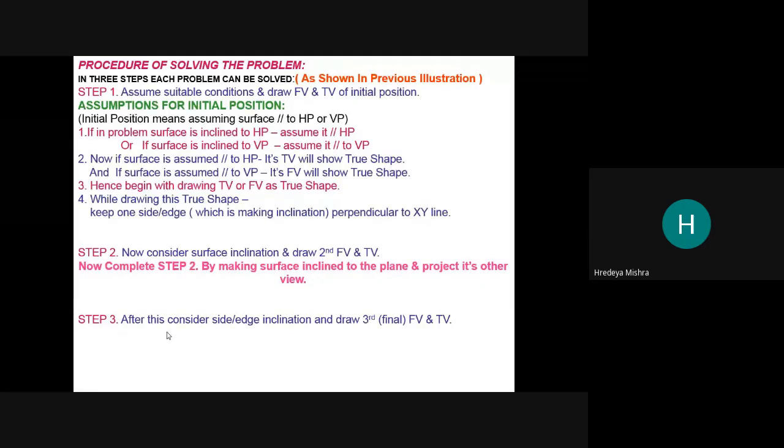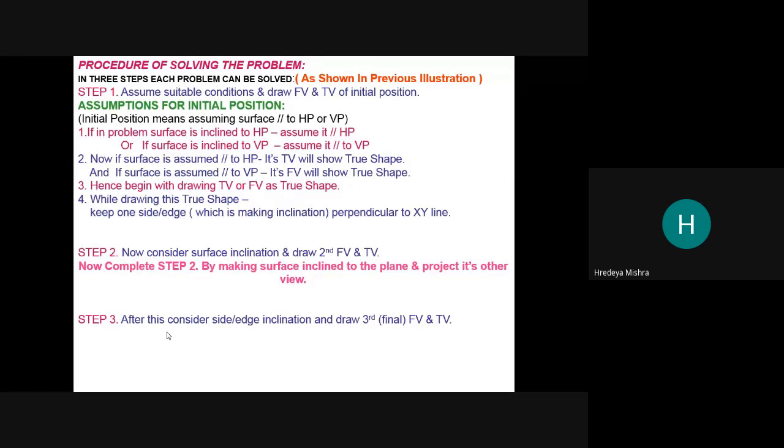So let us start the problem, because on Saturday we solved some problems belonging to the projection of the plane.